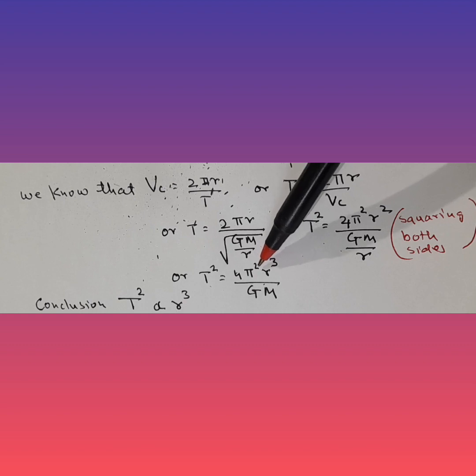Alright, now let us get into the sum. Let the initial distance between Earth and Sun be r1 and time period be t1. And let the distance be altered to 2r1 and time period t2.